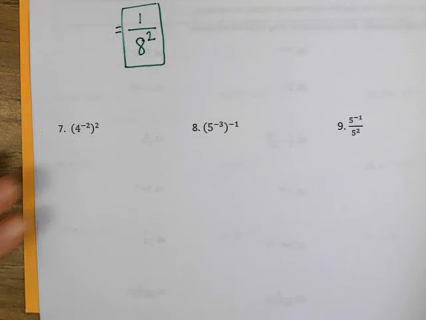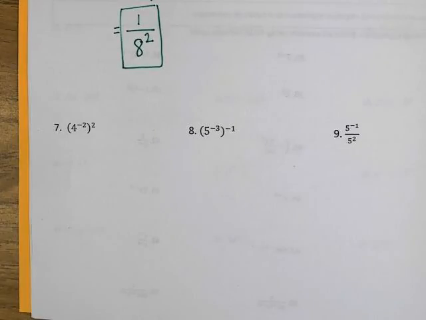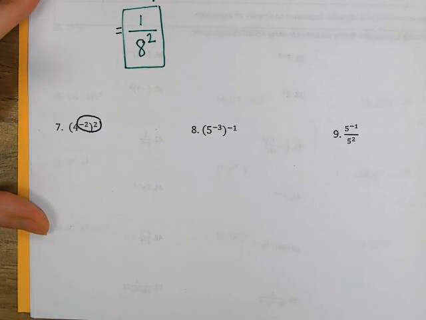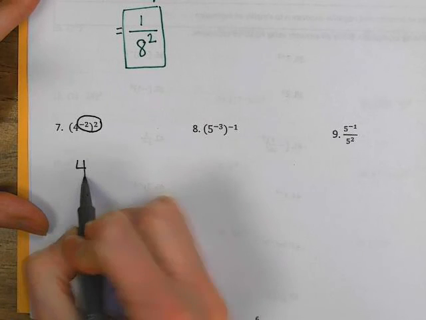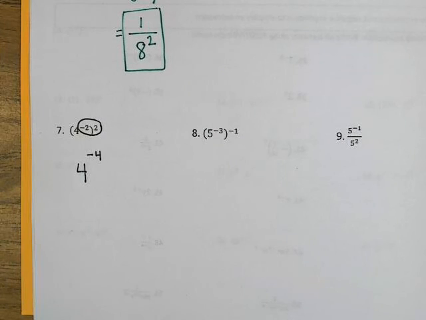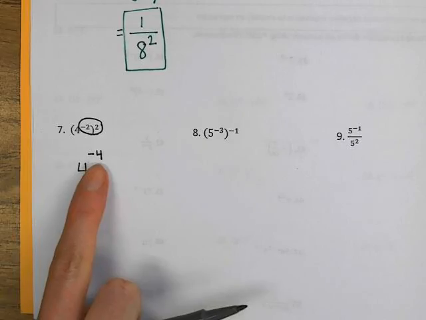All right, and then 7, 8, 9. Okay, number 7 is the rule that if you have a power to a power, you multiply. So the base 4 stays the same, but power to a power, you multiply and get negative 4. And then, no negative exponents in your final answer.